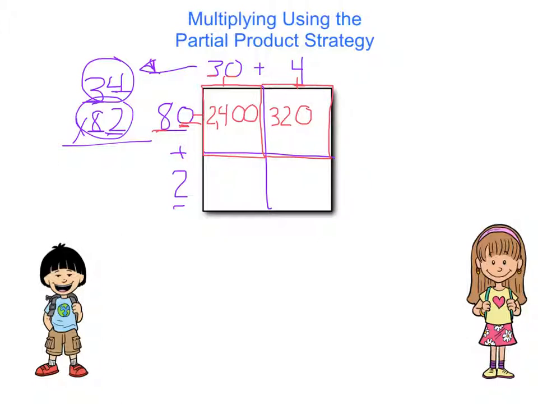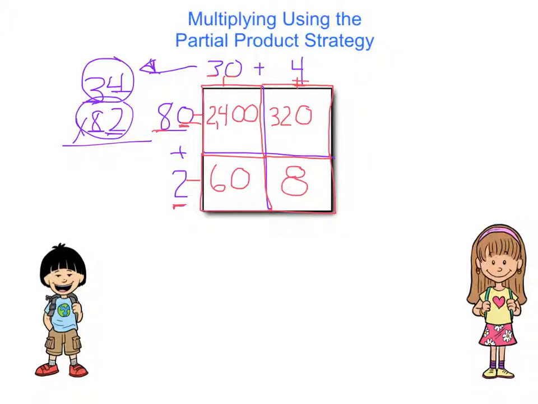We'll head down to the next square. Imagine that the 30 is dropping down, the 2 is coming across, so 30 times 2. I know that 3 times 2 is 6. There was 1 zero on the end, so we put a 0 there. And then the last box, we're going to do 4 times 2, which becomes 8.